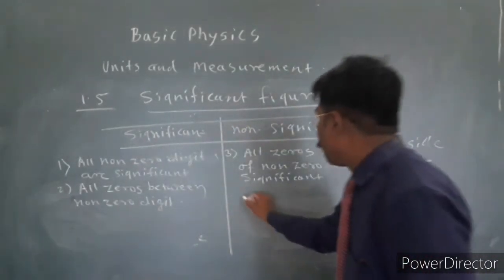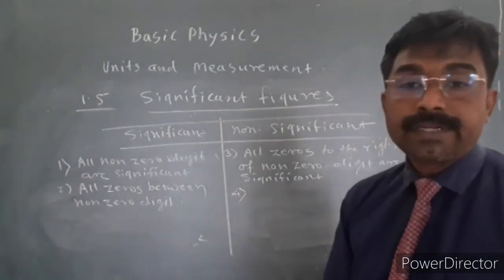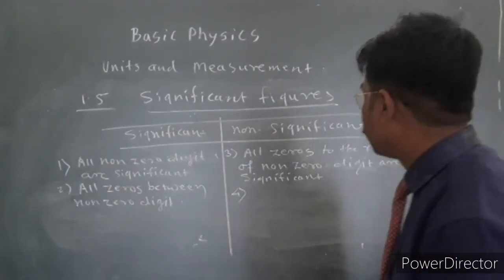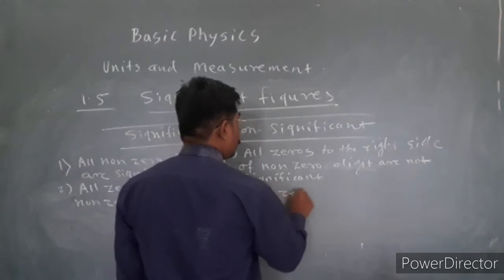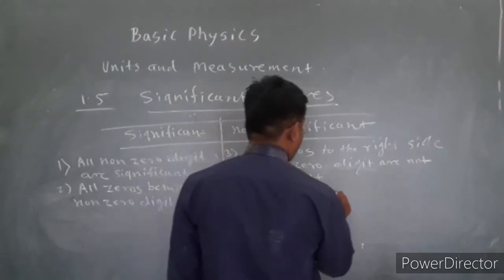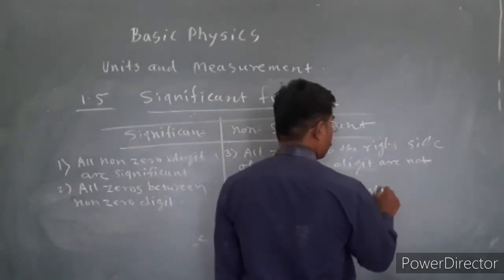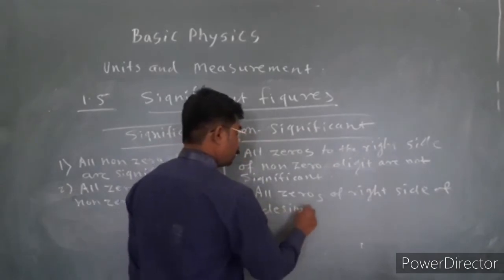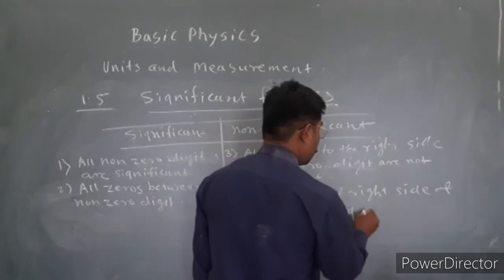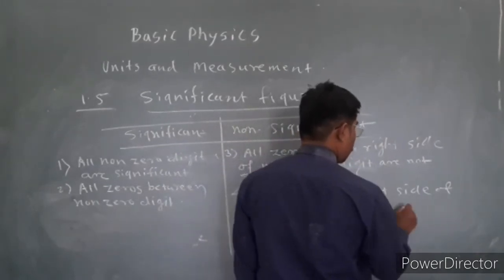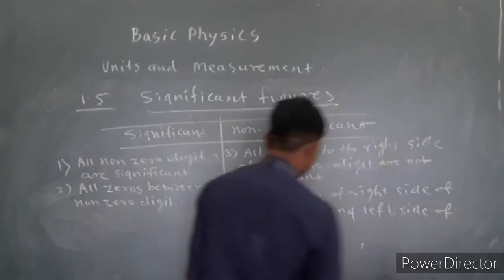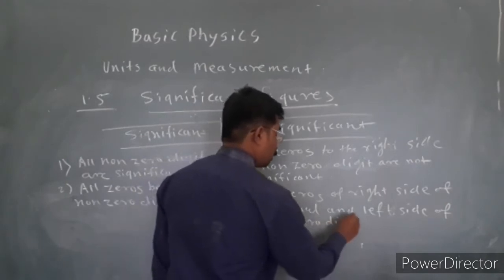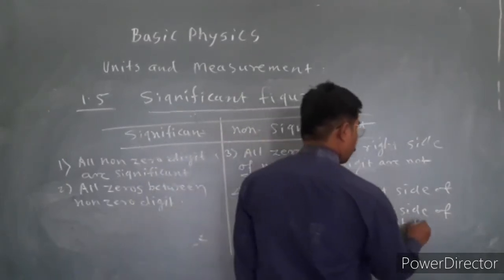Then the fourth rule indicates how digits are not significant: all zeros to the right side of the decimal and left side of a non-zero number, non-zero digit, are not significant.